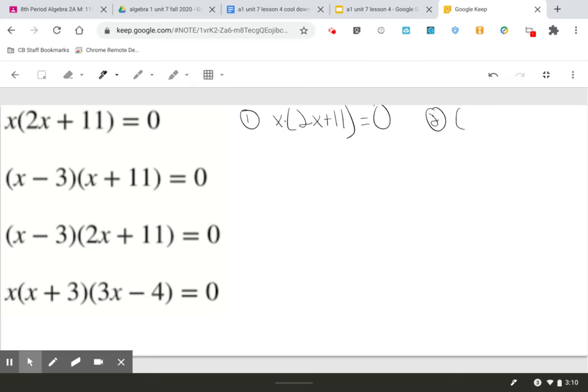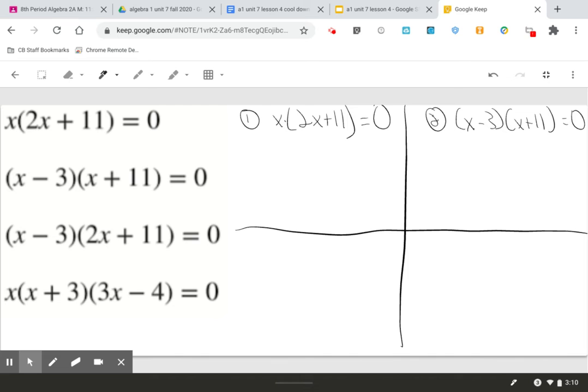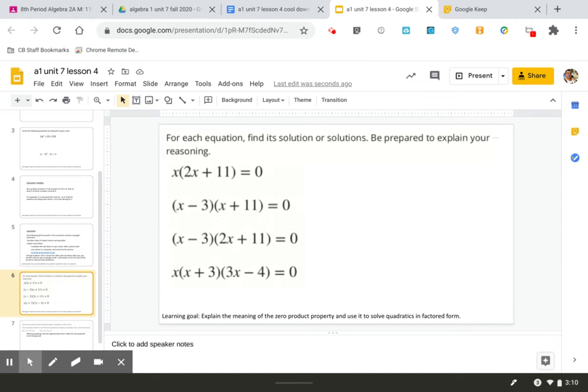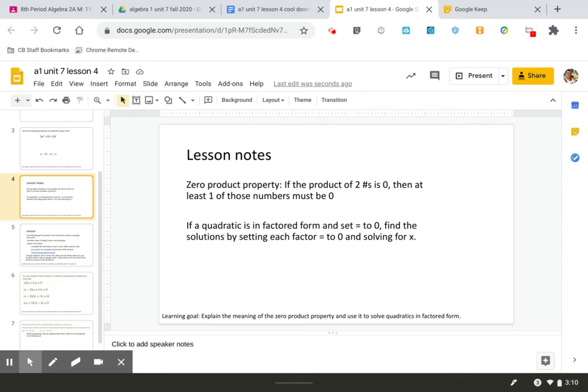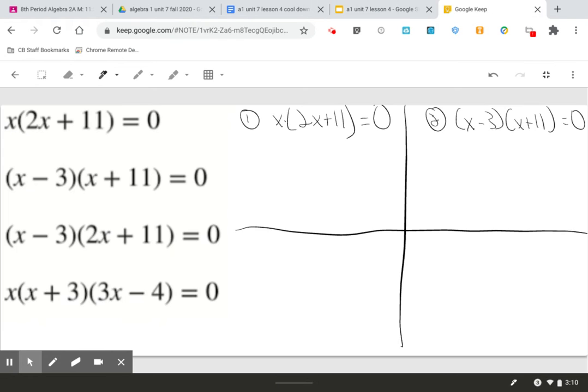The second one is written as x minus 3 times x plus 11 equals 0. So that's what that means. It's written as a product of factors. So in order to find the solutions, like it says in the lesson notes, we find the solutions by setting each factor equal to 0 and solving for x.